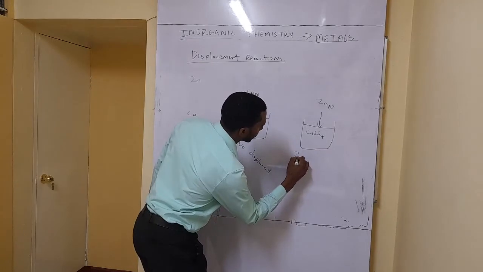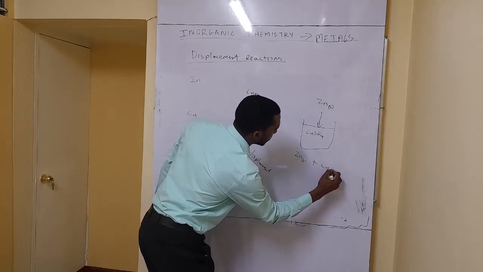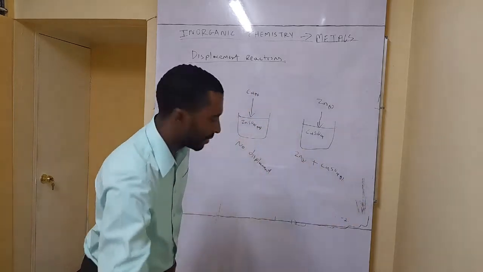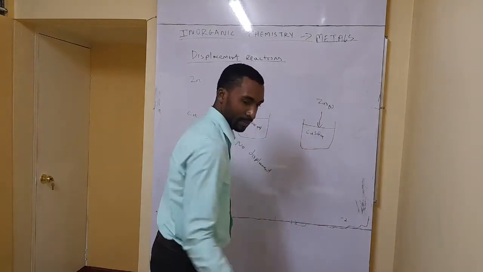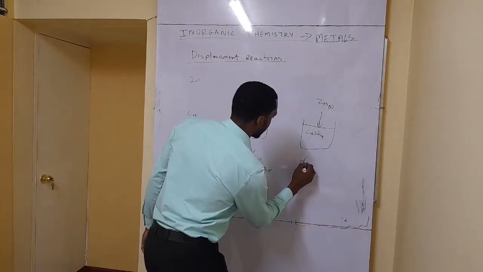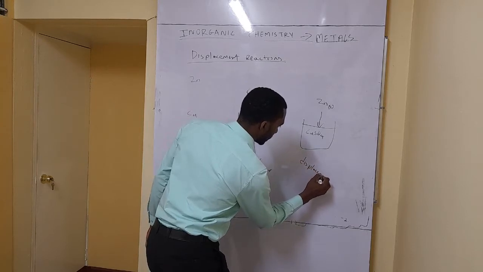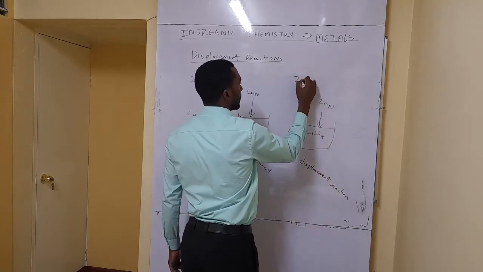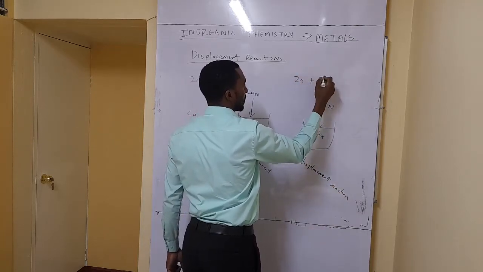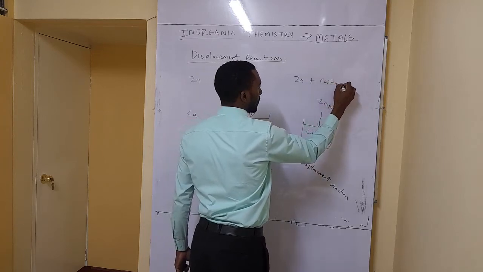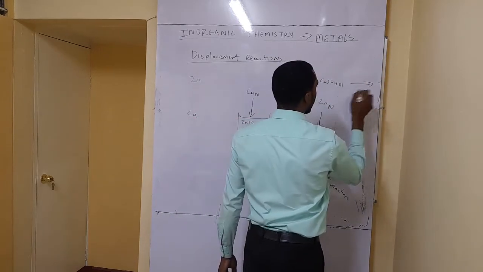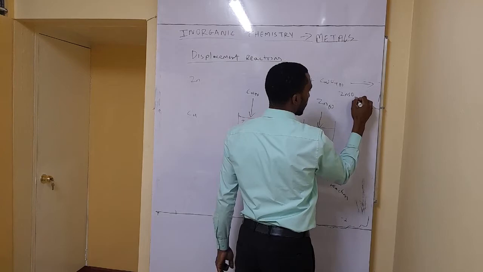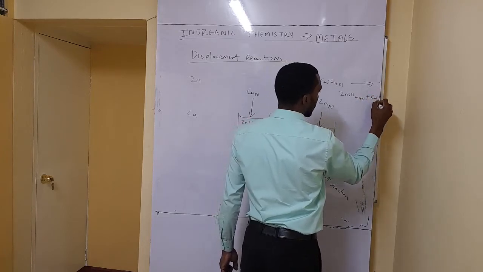So zinc solid plus CuSO4 (aq) is going to produce zinc sulfate (aq) plus copper solid.